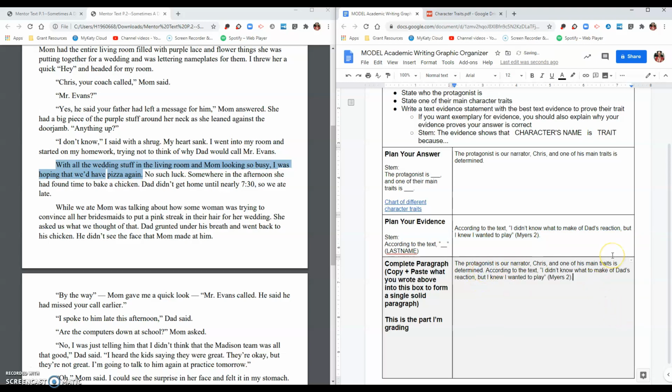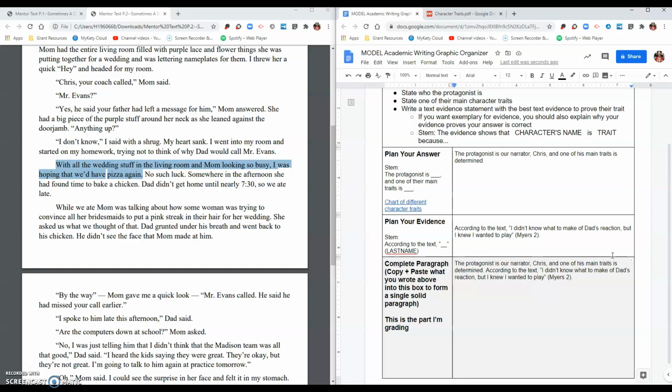Now, if I were to turn this in, this would get me a proficient grade. This would get me an 87 because I've answered the question, I've stated who the protagonist is, I've chosen a character trait that describes that person, and I've also used the correct text evidence, the best text evidence I could find to support my answer. That would earn me proficient.